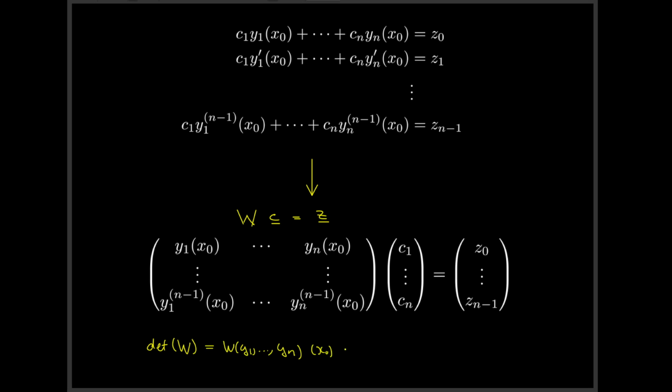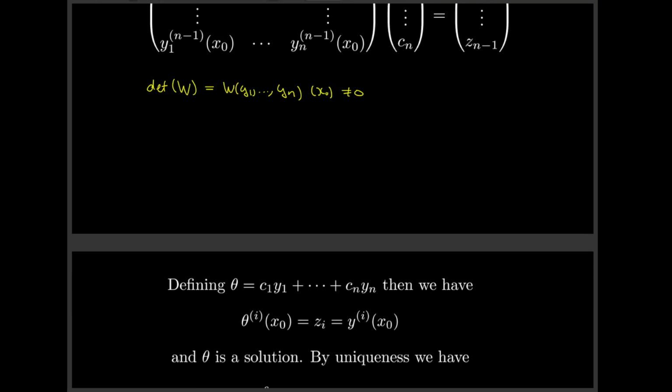And by what we've just shown earlier, this is not 0. So that means that this system has a unique solution, and so there is a solution, and in fact it's unique. Great. So that means there are C1 through Cn solving the system.